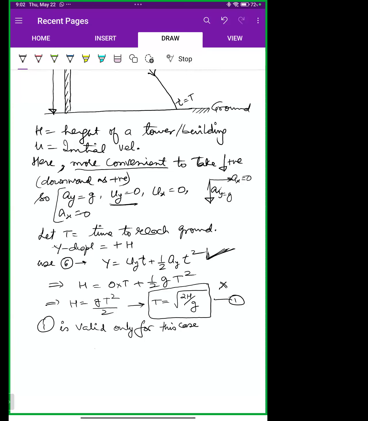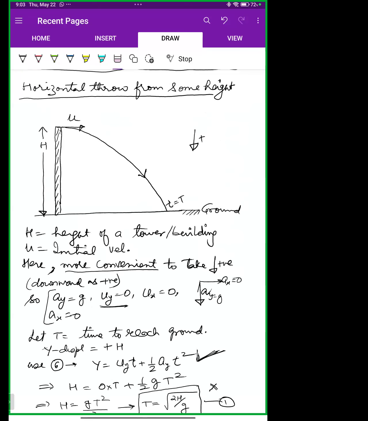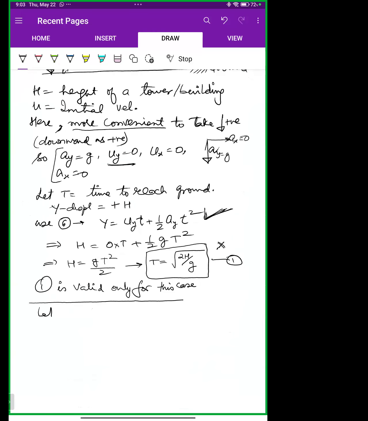Okay. Let v is equal to final velocity before hitting ground.